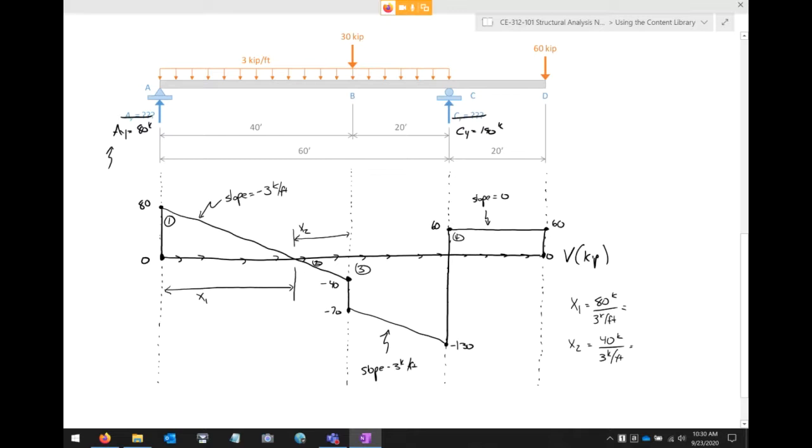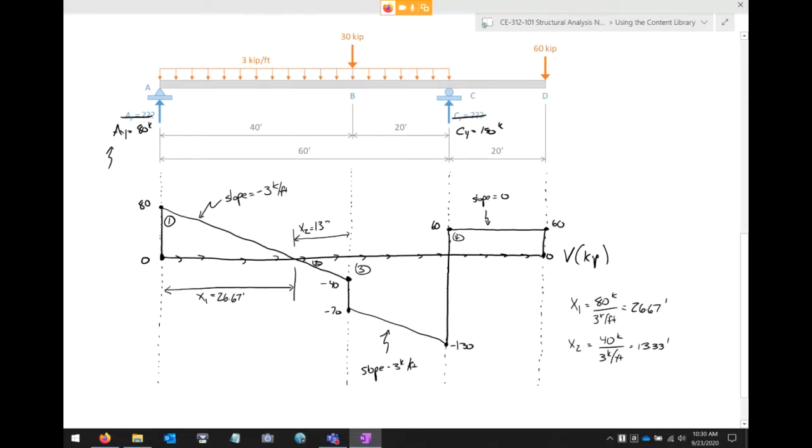Tell me what x1 is and what x2 is. Somebody, x1 first. 26.67 feet. You're exactly right. So this is 26.67 feet. What about x2? 13.33, exactly right.